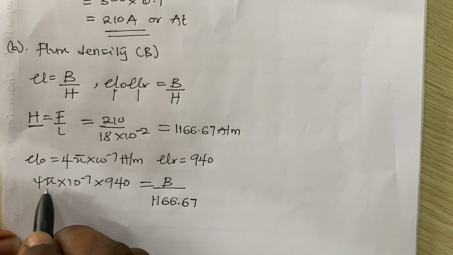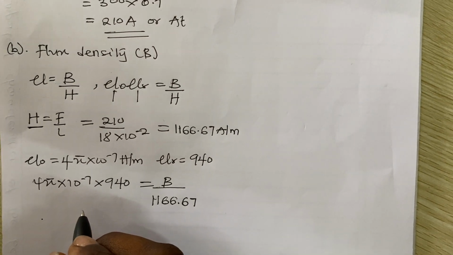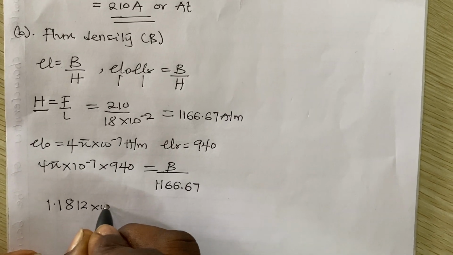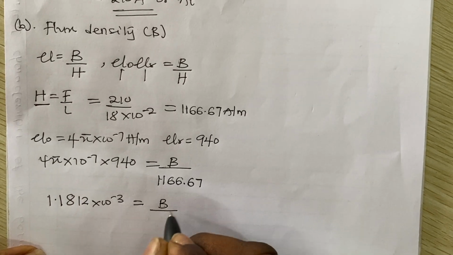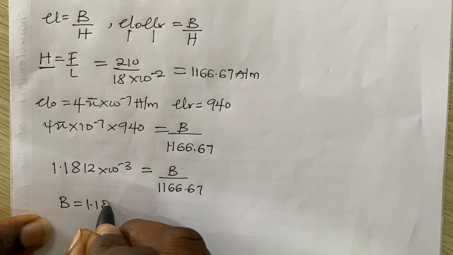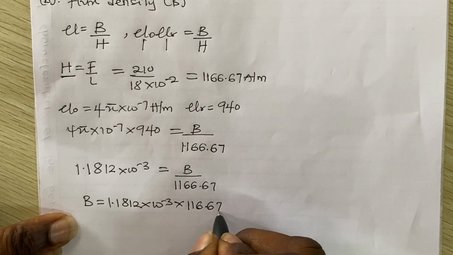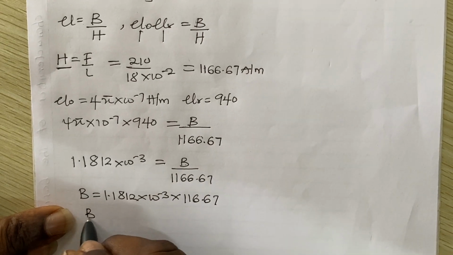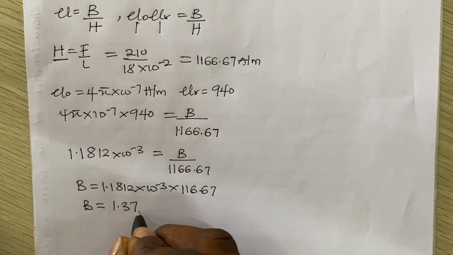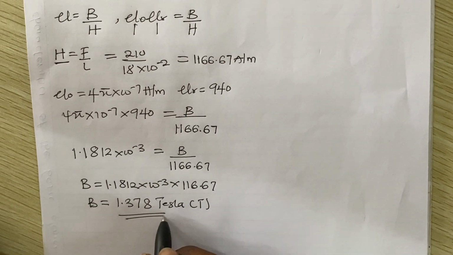This 4 pi times 10 power negative 7 times 940 then gives us 1.1812 times 10 power negative 3, and this will be equal to B on 1166.67. B therefore becomes 1.1812 times 10 power negative 3 times 1166.67. B therefore becomes 1.378 Tesla or T as the unit.